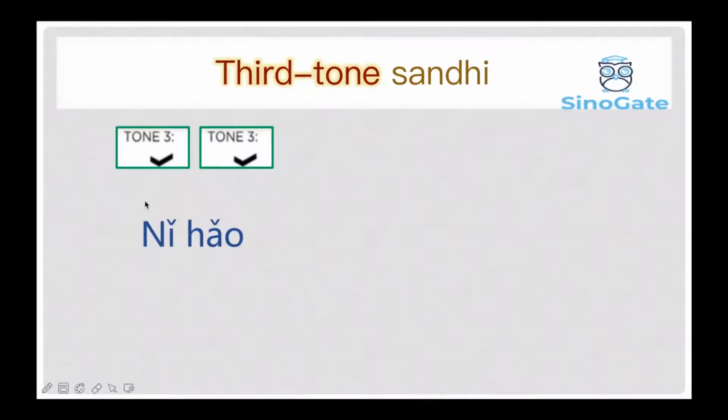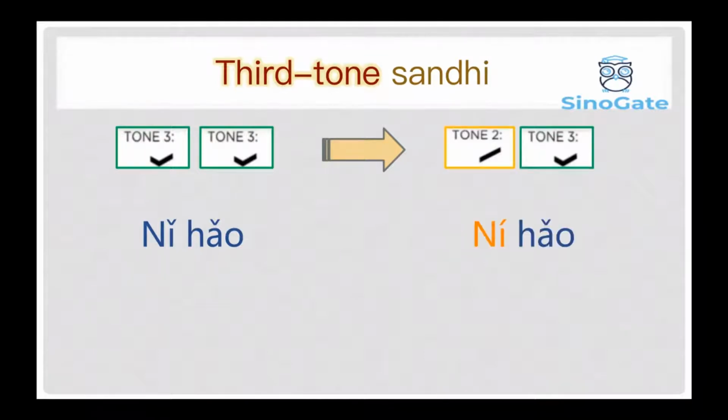The first one should be pronounced in the second tone. We change the first third tone into the second tone. This is a word we just learned to greet, hello, wish you good. That's what you are going to hear in daily life, but not the original third tone.